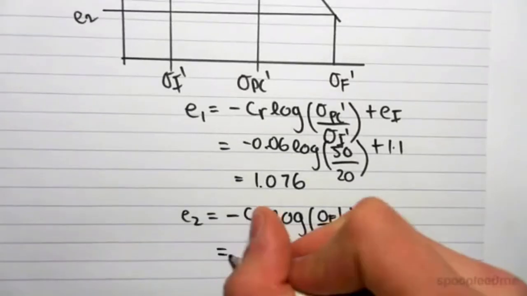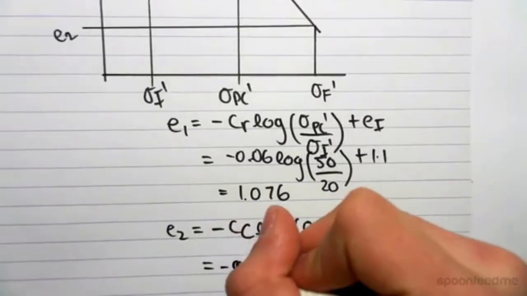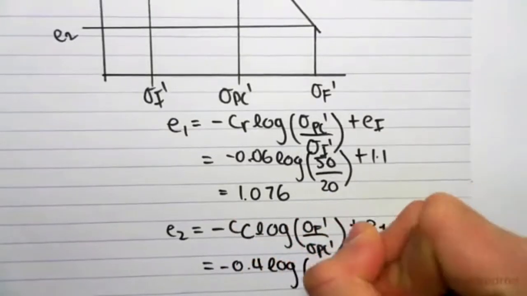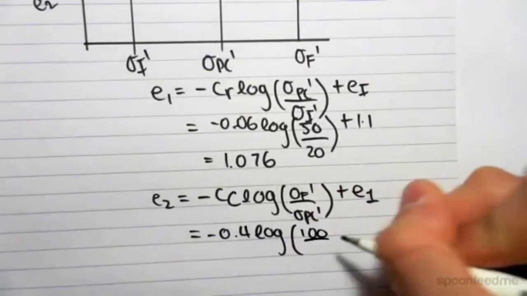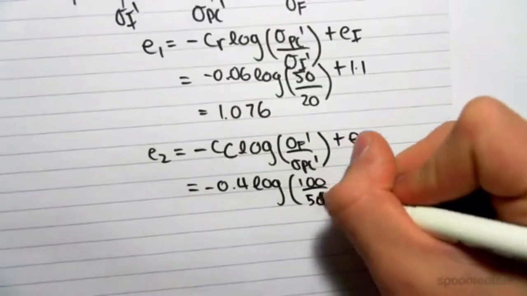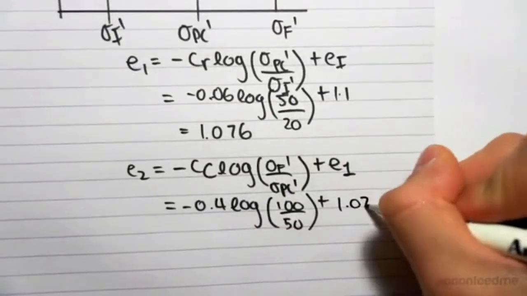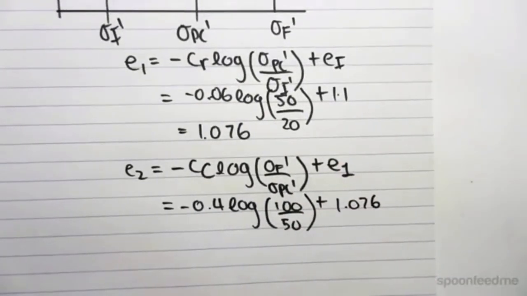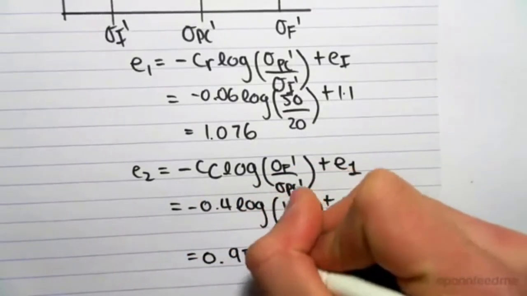If we plug these values in, minus CC will be minus 0.4, so minus 0.4 log of sigma final dash, which we said was 100, on sigma pre-consolidated, which is 50, plus E1, which we just found to be 1.076. If I work this out, 100 divided by 50 plus 1.076, we get 0.956.